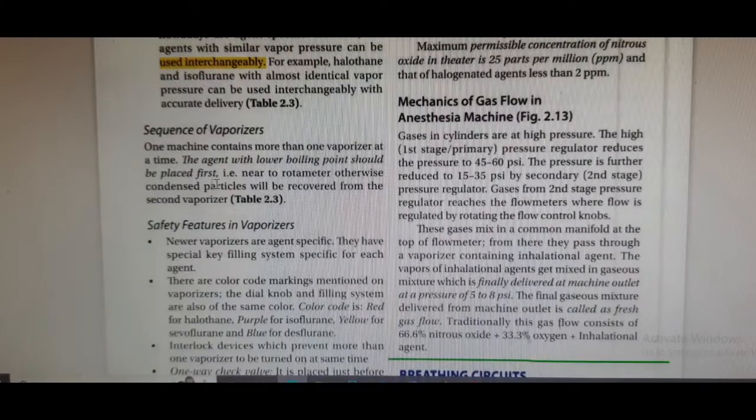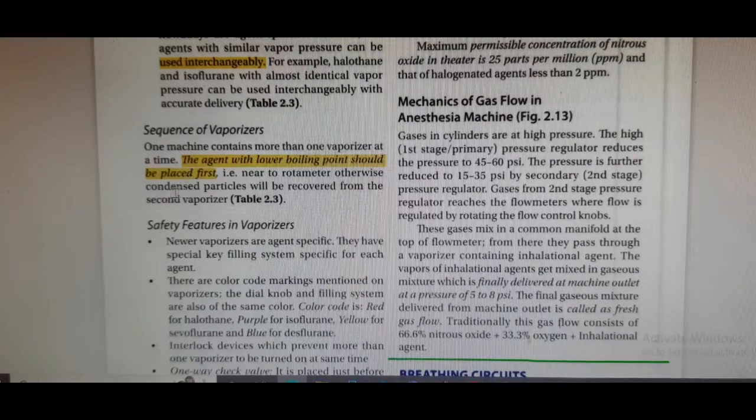Then the sequence of vaporizers. One machine contains more than one vaporizer at a time. The agent with lower boiling point should be placed first, that is, near to the rotameter, otherwise condensed particles will be recovered from the second vaporizer.